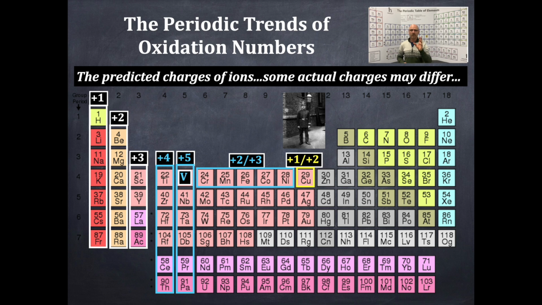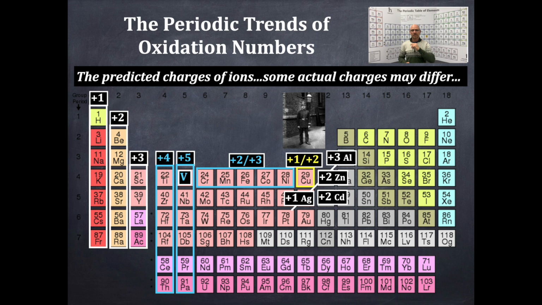All right, the next one here is a diagonal pattern of silver, zinc, and aluminum. This is a very famous diagonal pattern. So silver is a 1+, zinc is a 2+, and aluminum is a 3+. All right, fantastic. And now you have cadmium right underneath zinc. Since they're in the same column, they have the same charge of a 2+.